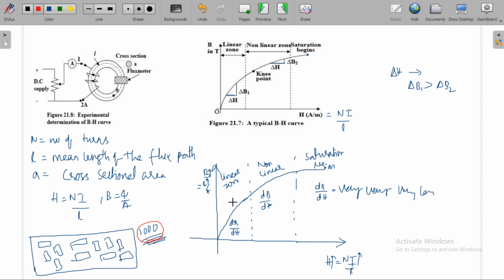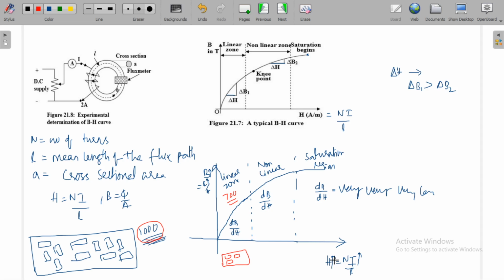So there will be scope for alignment of more number of dipoles. In this region, almost 700 domains will get aligned themselves in one particular direction.